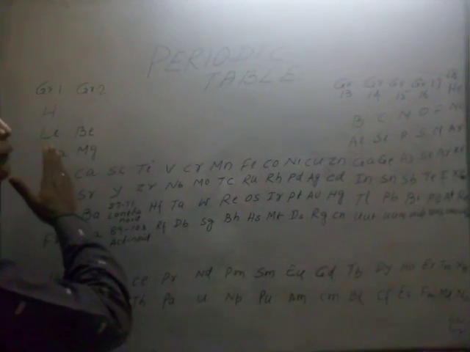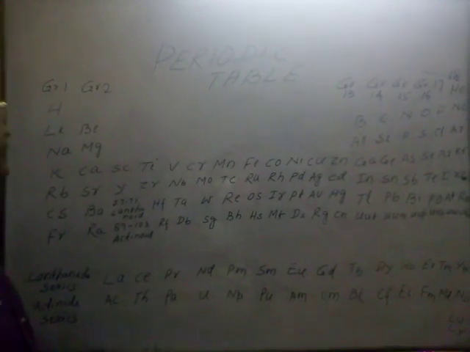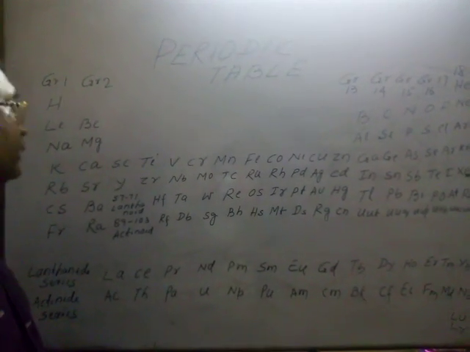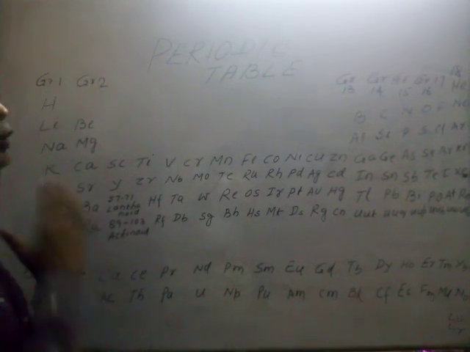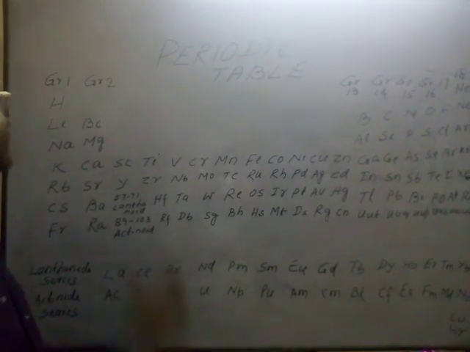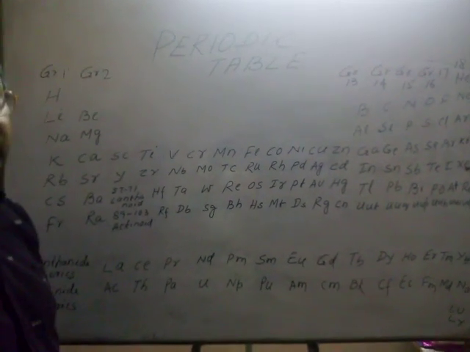If we want to read separately, then group 1 and group 2 are known as alkali metal and alkaline earth metal.